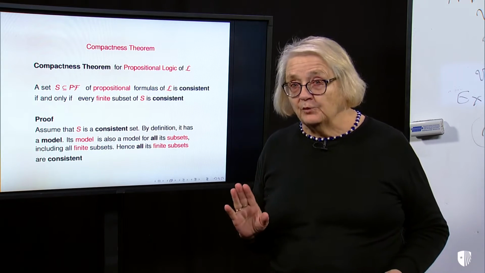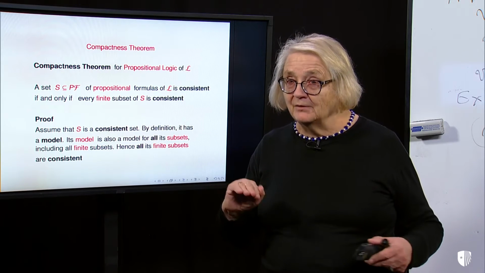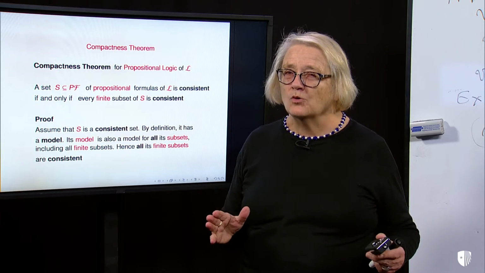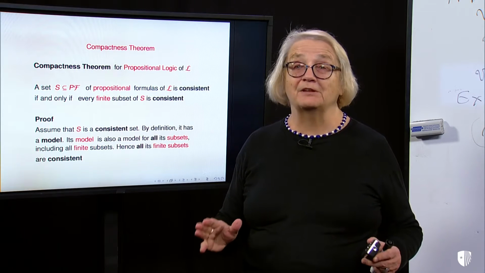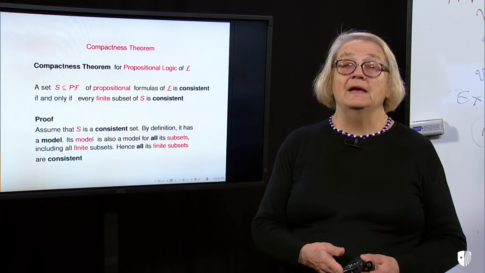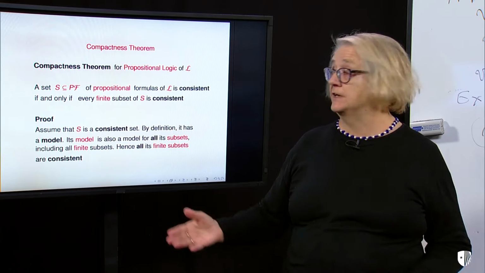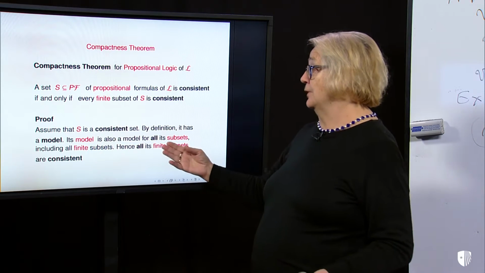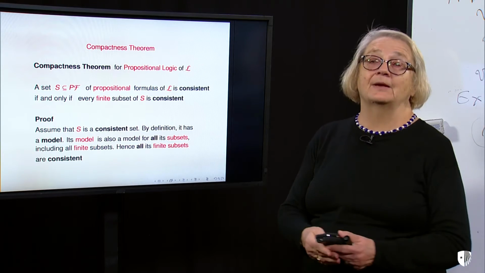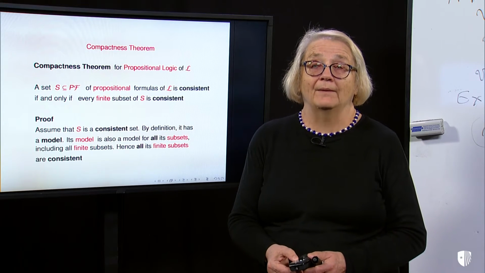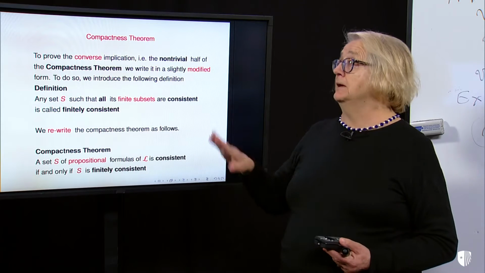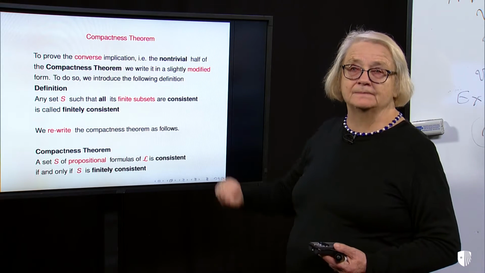We already proved it for real propositional logic in chapter 5, in proof 2 of the completeness theorem, and I will be referring to it pretty often. For example, assume that S is a consistent set. By definition, it has a model. Its model is also a model of all subsets, including finite subsets. Hence all finite subsets have a model, so that one side is very obvious. To prove the converse implication is non-trivial.